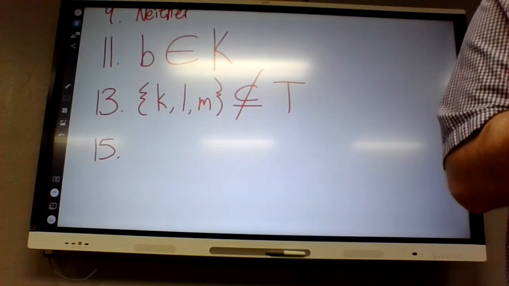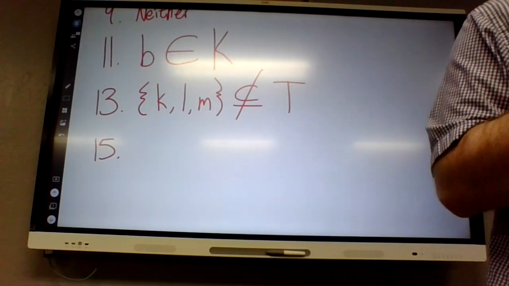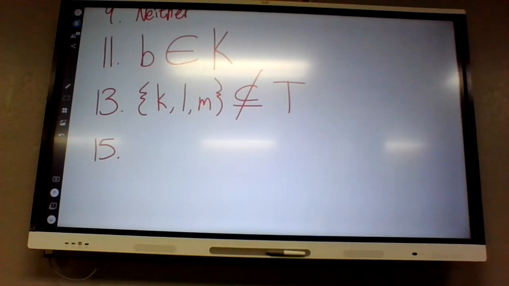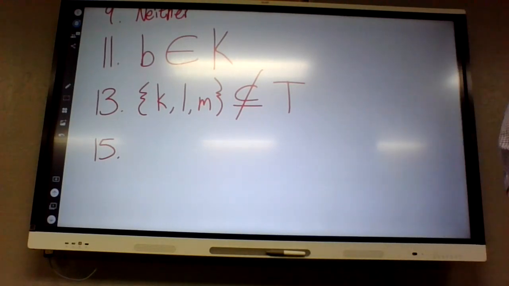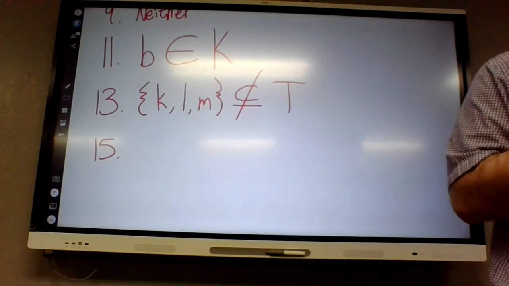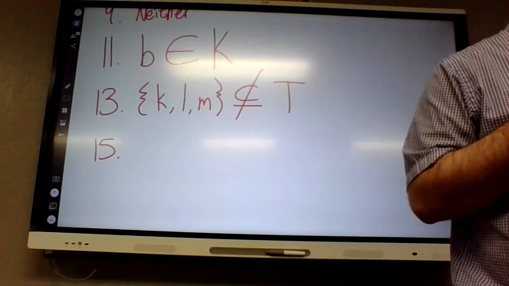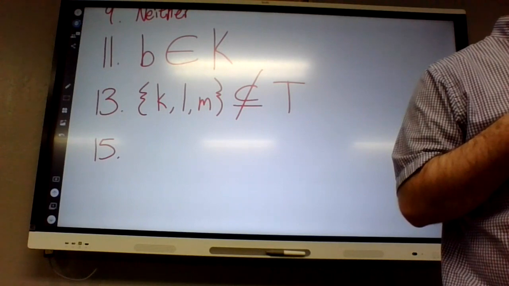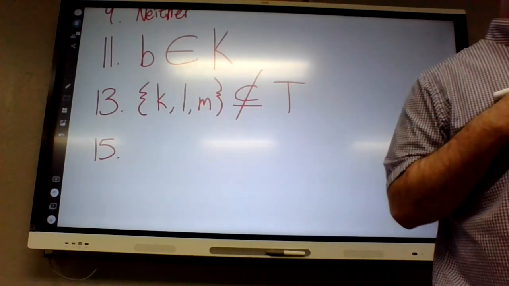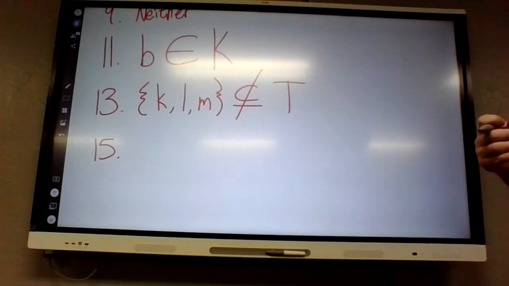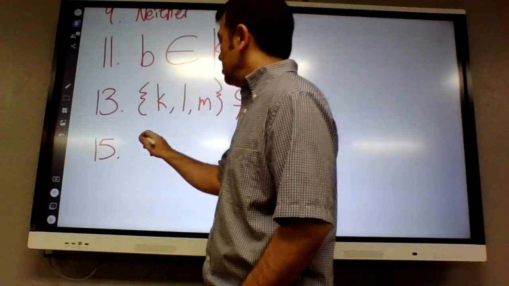Okay, number 15. Translate each symbol into a sentence. So it's the opposite of 11 and 13. So how could I write 15 as a sentence? The set containing A, B, and C is not a proper subset of D. Yeah, good job.